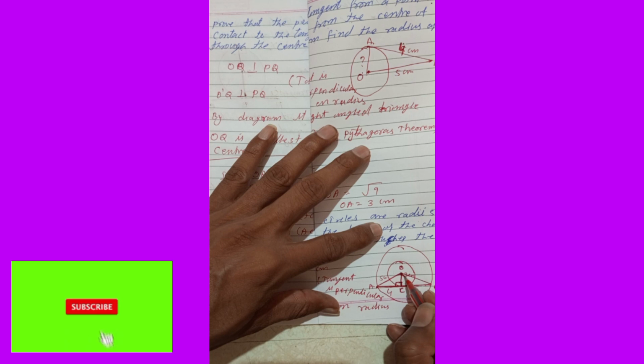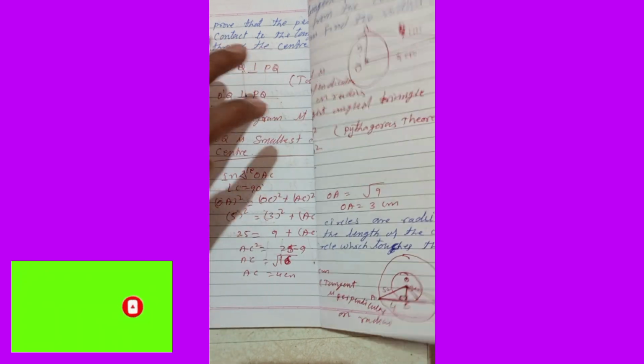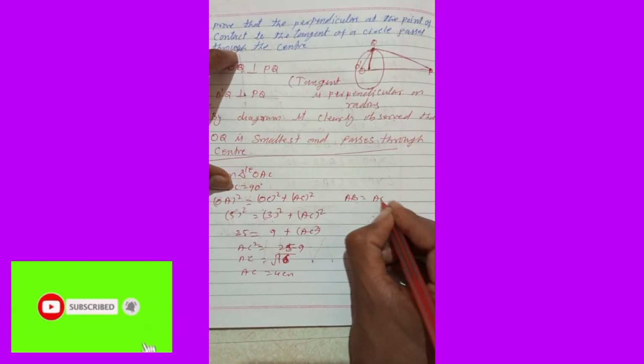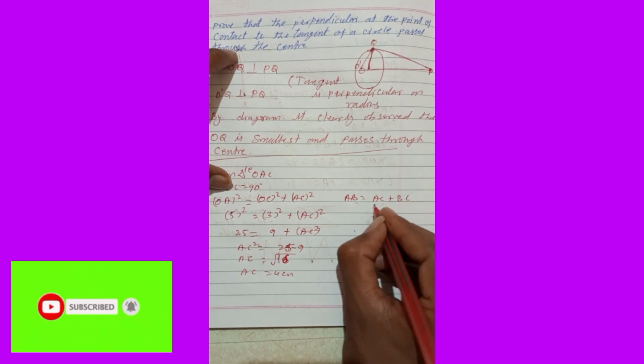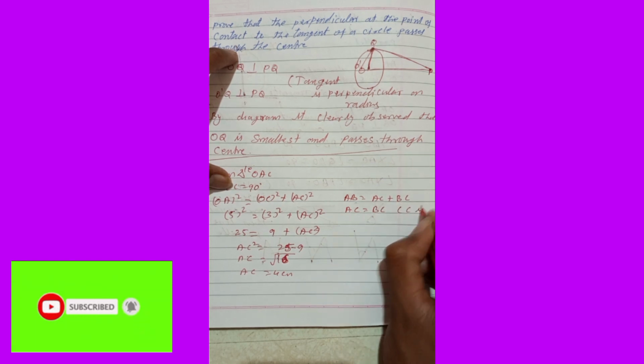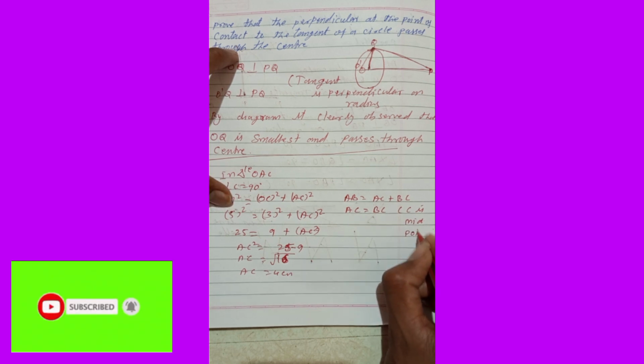This is 4 centimeter and this is perpendicular, means it is a bisector also. AB is equal to AC plus BC. We know that AB is equal to AC plus BC. AC is equal to BC because C is the midpoint, that is the bisector of the line.